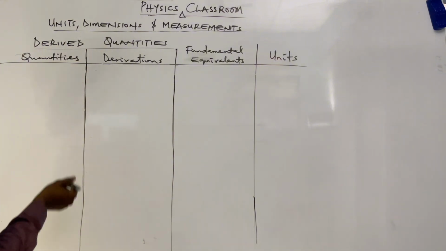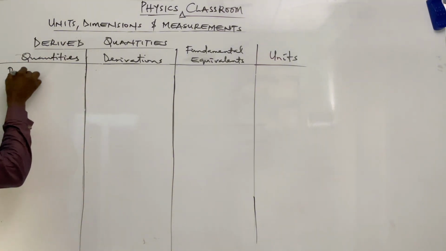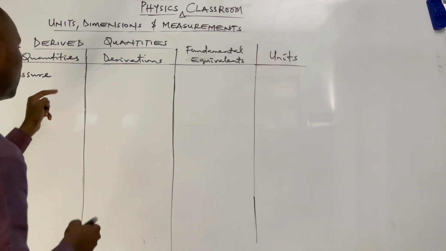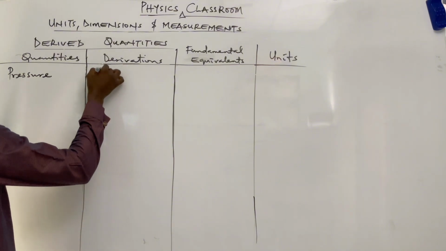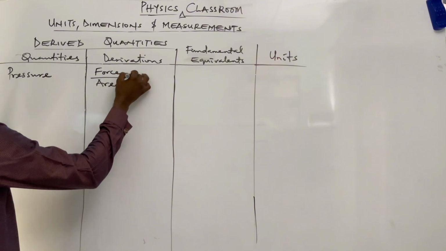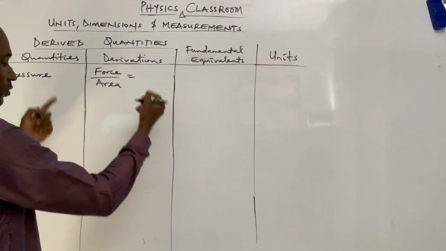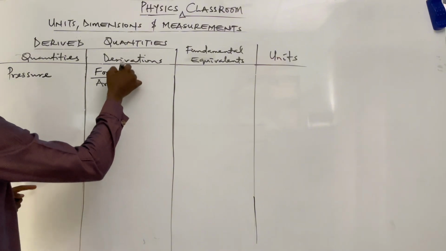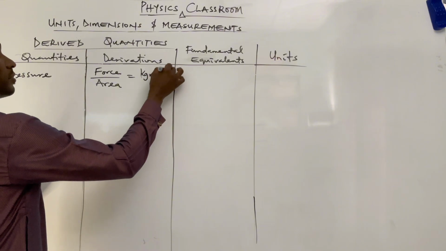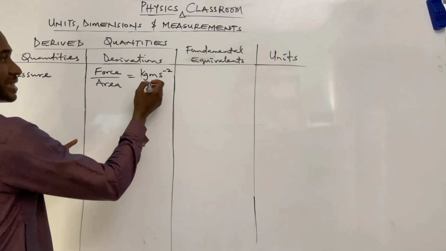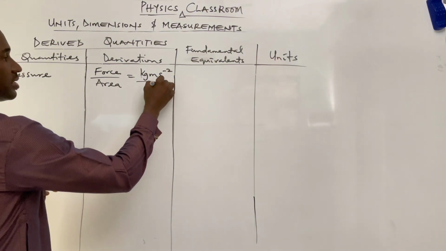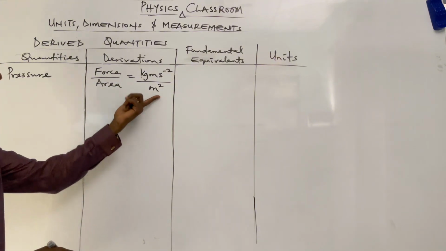Another one is pressure. Pressure can be calculated using the formula force all over area. We all know from what we did previously that force is measured in kg meter per second squared, that is mass times acceleration, all over area, which has the unit meter squared.